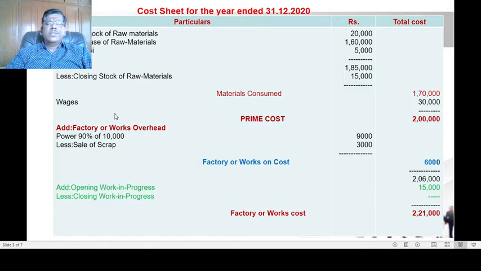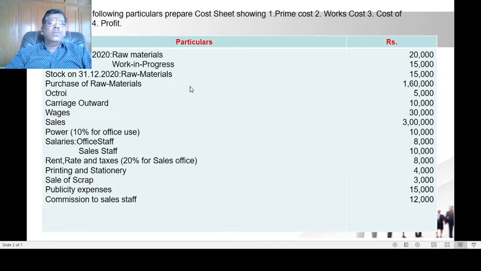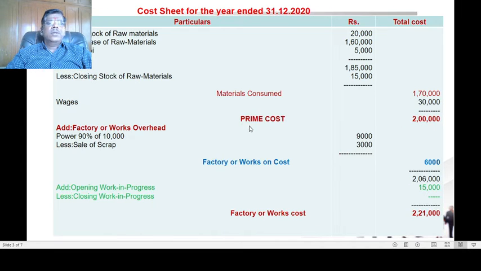Then direct wages, 30,000 is given in the problem, so I have to consider 30,000. Then finally we will get the prime cost, that is totally 2 lakhs. Then add factory or works overhead. The power is 90% of 10,000.